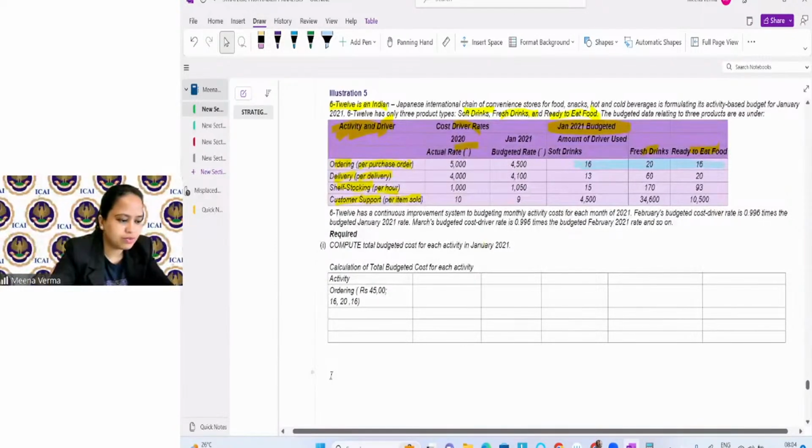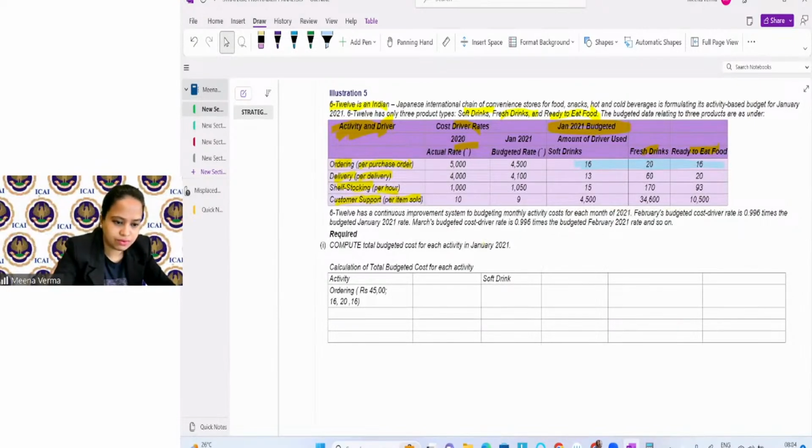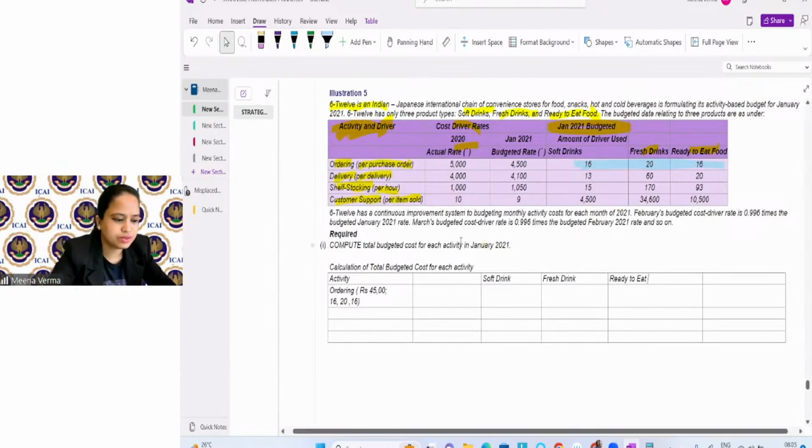Ordering, after that, what do you have? You have soft drink product, then fresh drink product, then ready to eat. You have these products, and the basis of allocation, you know.